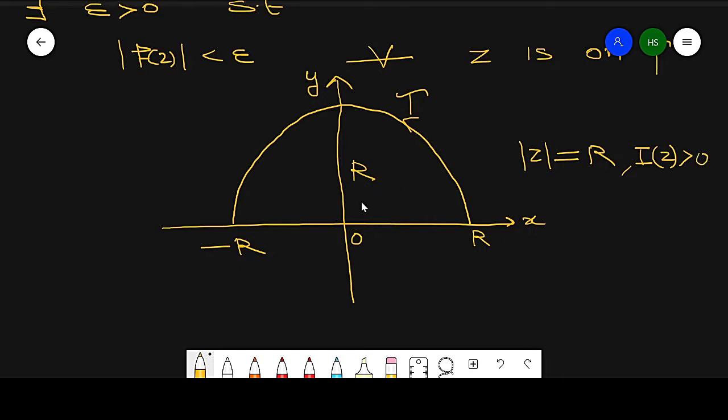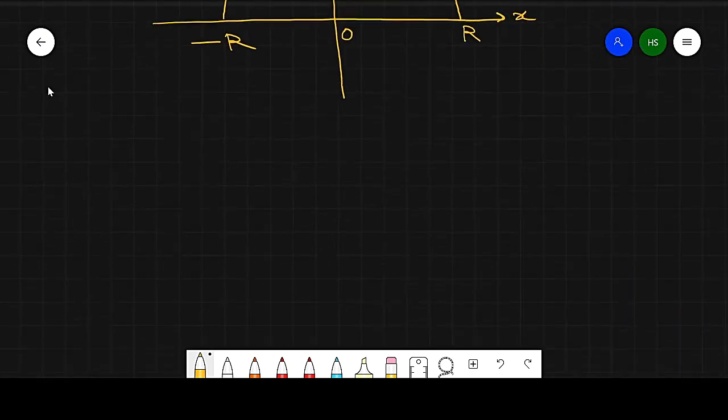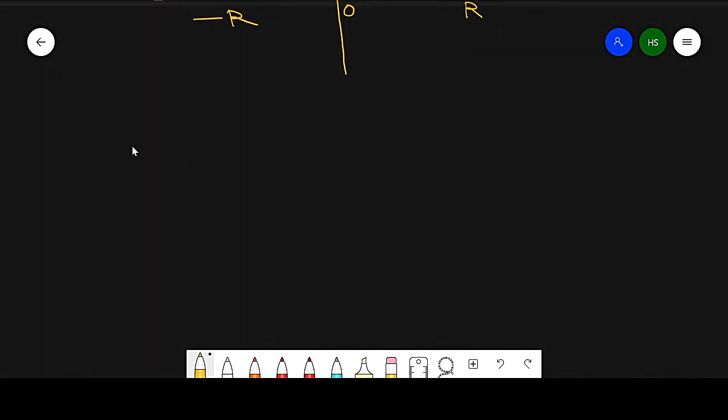So on this semicircle modulus of f of z is less than epsilon. This is equation number 1.